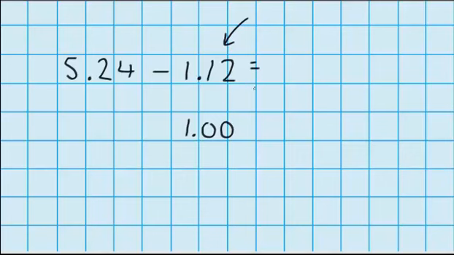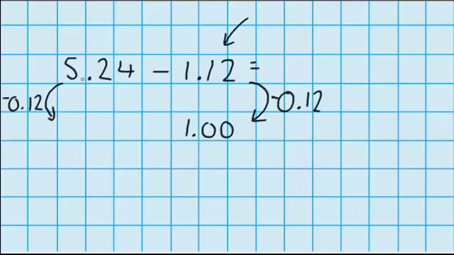So to change 1.12 into 1 whole, I'm going to have to subtract 0.12. So since I've subtracted 12 hundredths from this number, I'm going to have to do the same to this side. So this side is also getting smaller by 0.12.